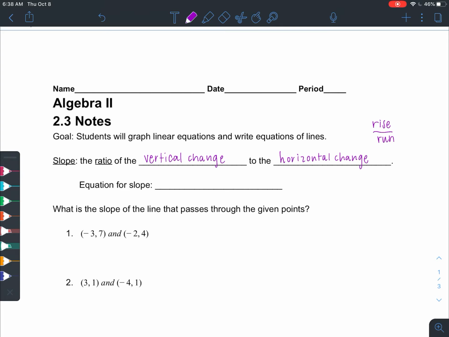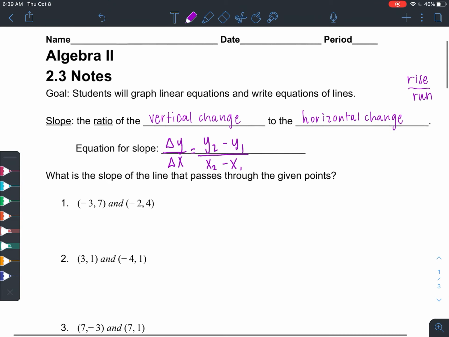So this is going to be delta y, so that means change in y over change in x, which is then y2 minus y1 over x2 minus x1. Now we'll talk about this a little bit, but it doesn't really matter what our x1, y1 is and what our x2, y2 is, as long as they are the same point.